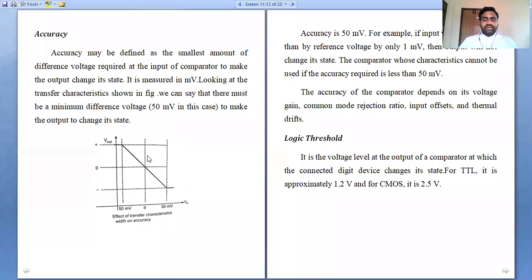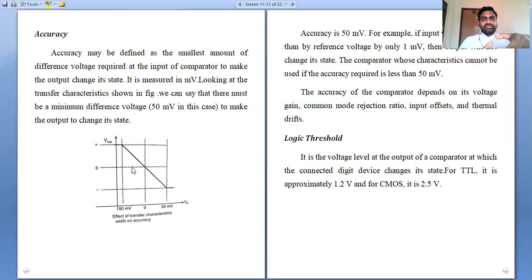If the output voltage differs from the input voltage by more than 1 millivolt, here I am explaining the difference is around 50 millivolts. Why am I limiting it to 50 millivolts? In order to showcase the transfer characteristics in a wide manner.